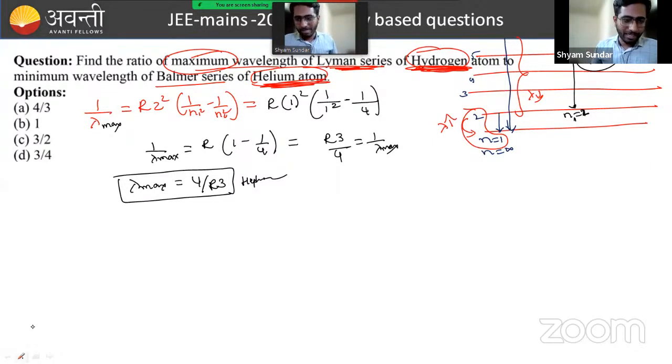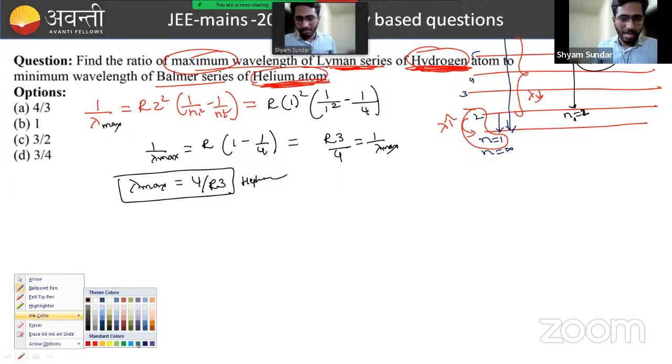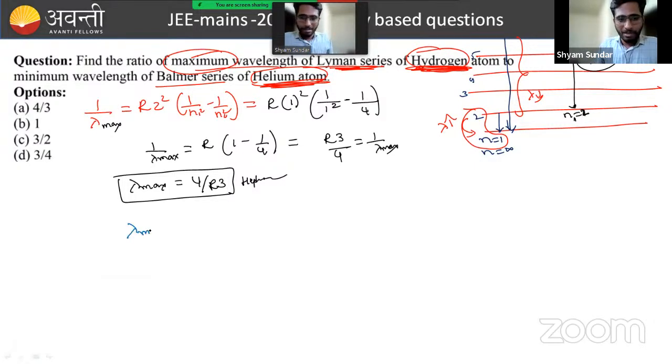Based on that theory, look here. I will write 1 by lambda minimum equals R Z square. For the helium atom, Z square is 2 square, into 1 by n1 square, and n1 is 2, so 2 square is 4, minus 1 by n2.